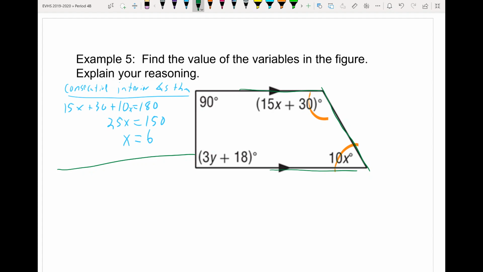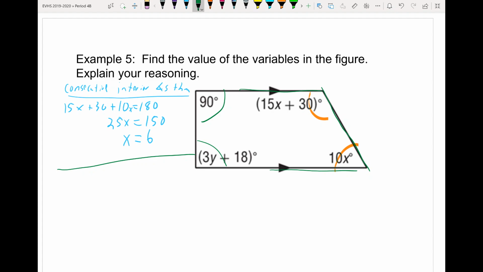But why is it equal to 90 degrees? Okay, they're consecutive interior angles. And so what you're doing there is you're saying consecutive interior angles are supplementary, and in your head you're subtracting the 90 off and saying 3y plus 18 equals 90.